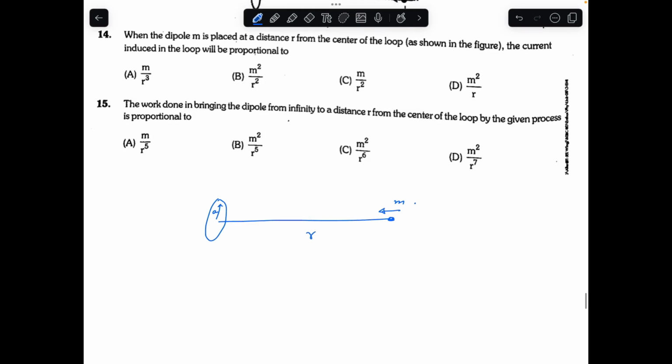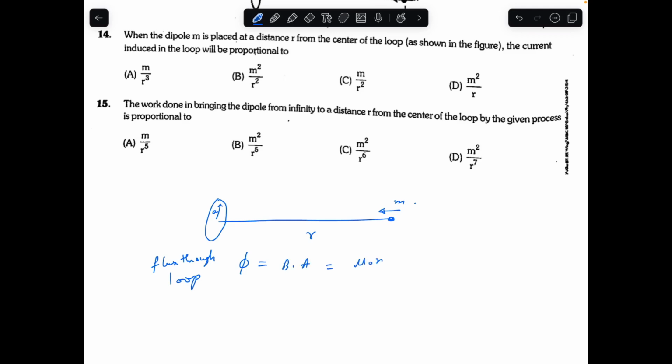Okay, so can I find what is flux? Flux through the loop. Flux is what? B into area.